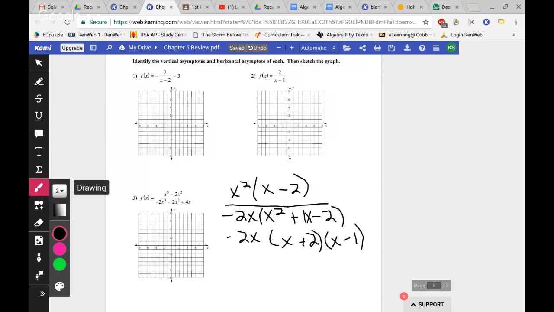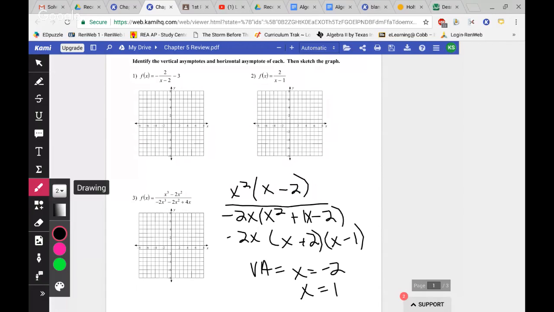So that tells me that for my vertical asymptotes, you set every single factor equal to 0. So my vertical asymptotes are going to be x equals -2 and x equals 1.